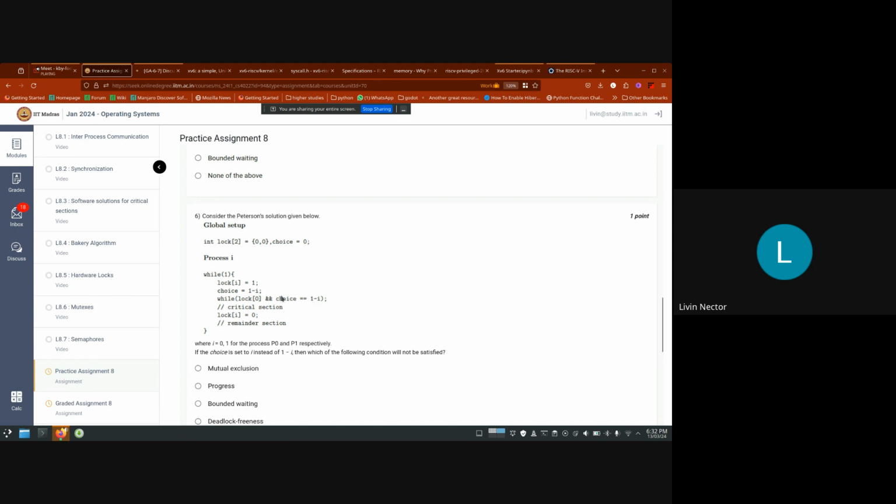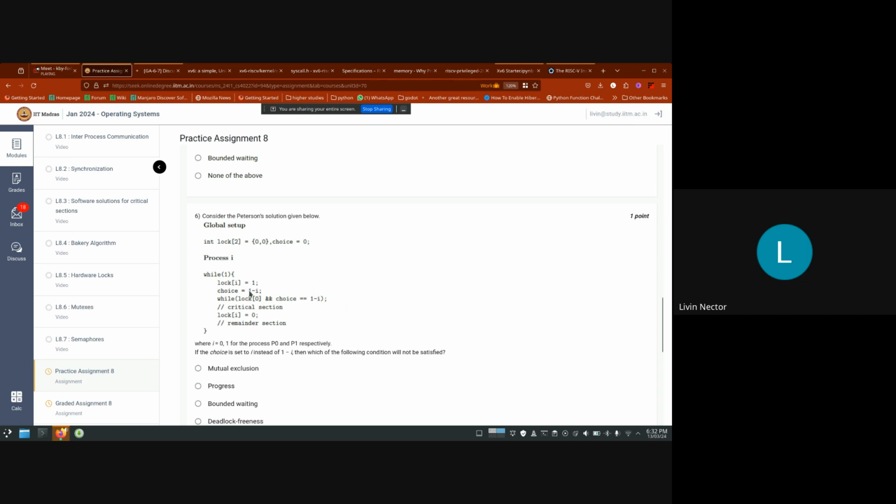So choice cannot be 0 and 1 at the same time. It can take only one value at a time. So it breaks the tie. If you see the Peterson solution, you will know what this choice does. Generally in the Peterson solution, this choice favors the other process.